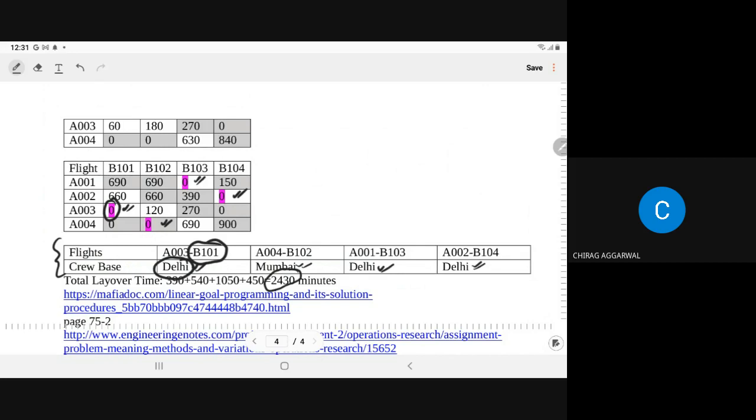The crew member who starts his journey by 102 will come back to Bombay by the flight number A004. The crew member who starts his journey from Delhi comes back to Delhi by the flight number 103. The crew member who starts his journey from Delhi comes back to Delhi by the flight number 104. That is it.